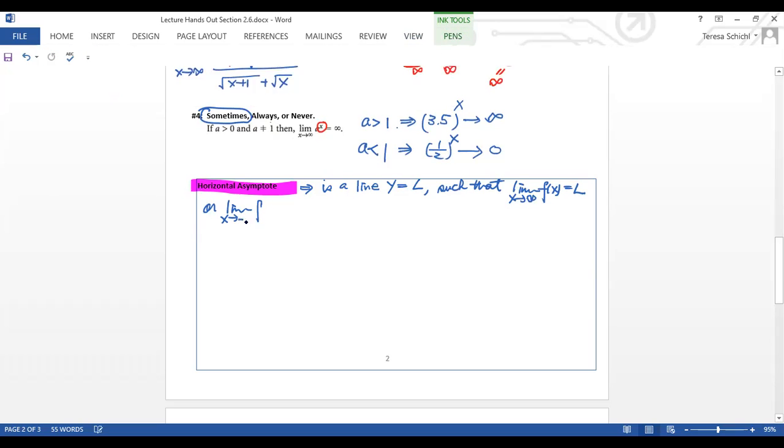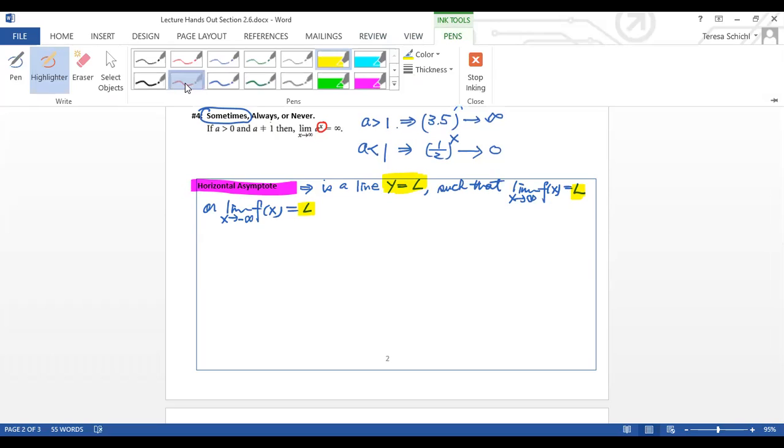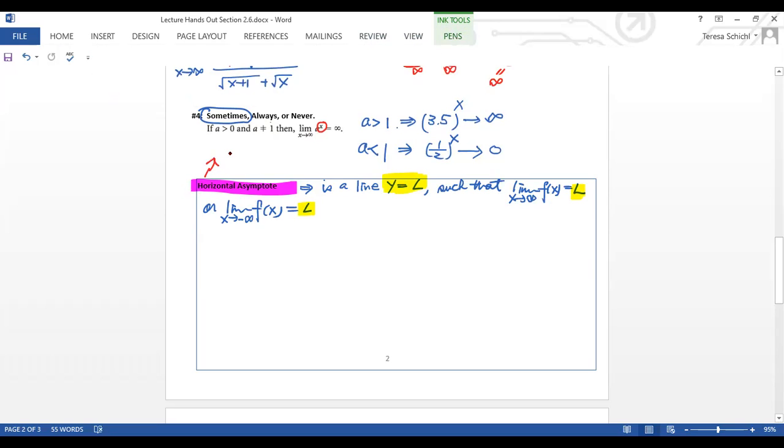So you go to both ends, negative infinity, f of x equals L. So the L is the limit, right? So it's the line y equals L. This is what we call the horizontal asymptote. So make sure you remember: the horizontal asymptote is x going to infinity or x going to negative infinity, right?